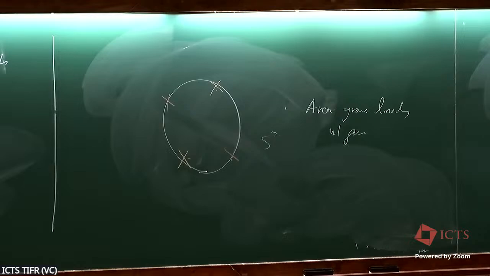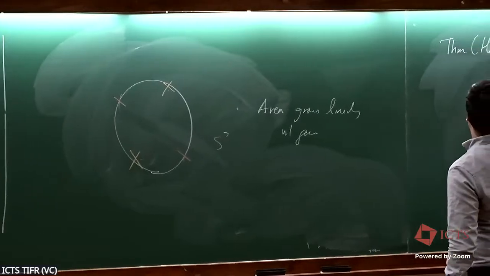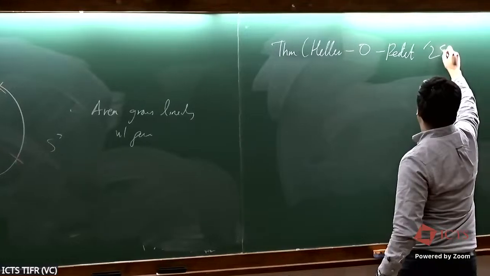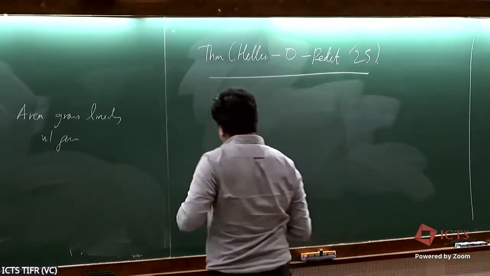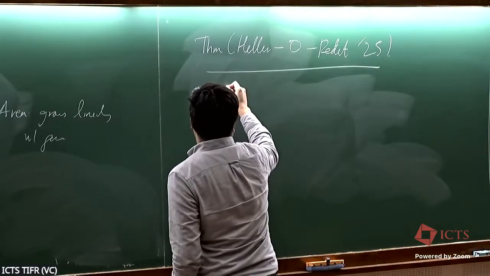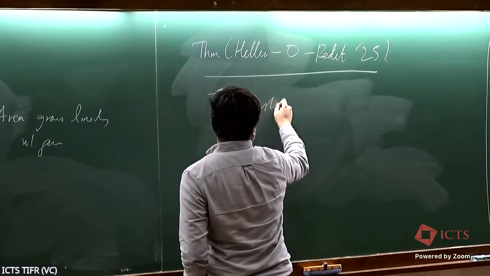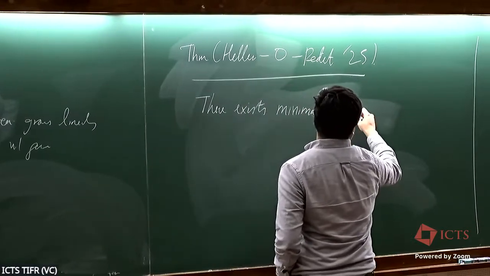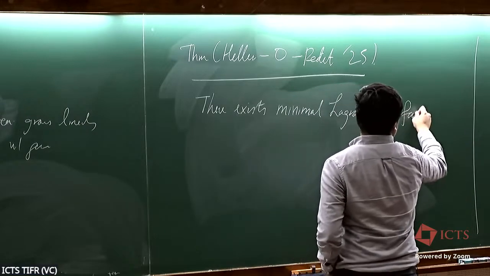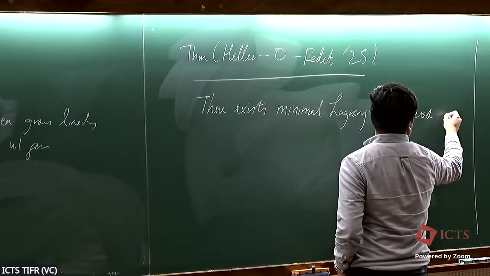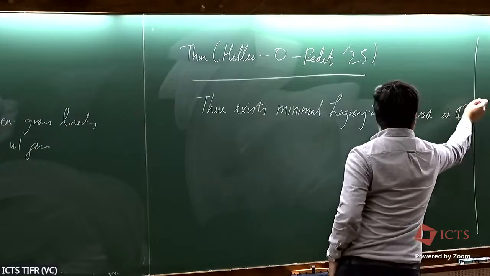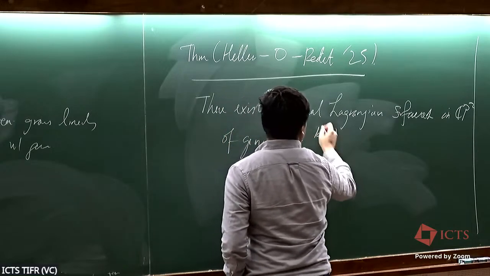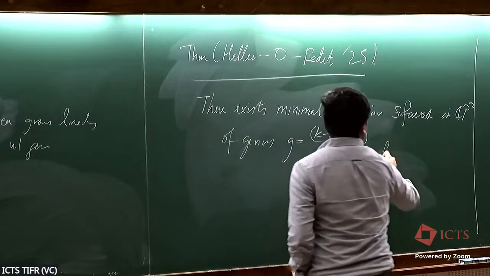And so the new result is the following. As I said, it should appear on the archive on the 25th. There exist minimal Lagrangian surfaces in CP2 of genus g equals (k minus 1)(k minus 2) divided by 2, for k large.